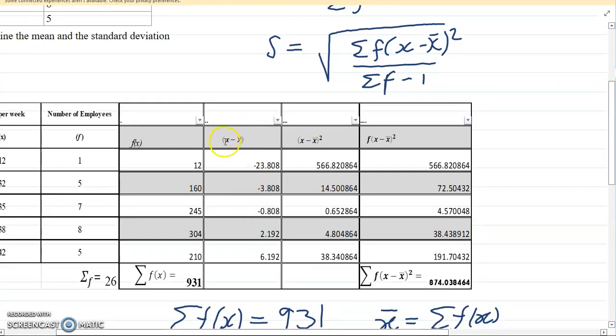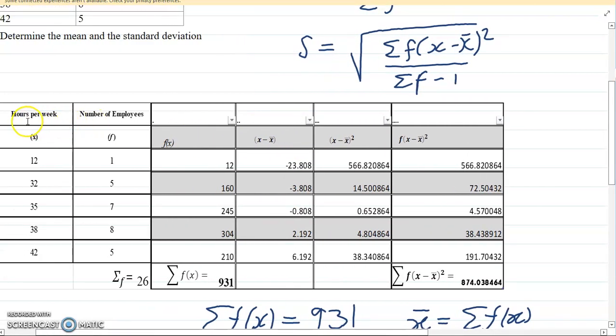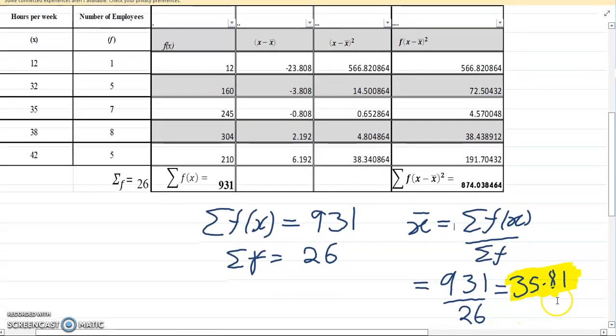So we said x minus x bar. Remember, x is hours per week. So we said this number right here minus the mean, and the mean is this that we found down here, which is 35.81. So we said 12 minus 35.81, it gave us negative 23.808.